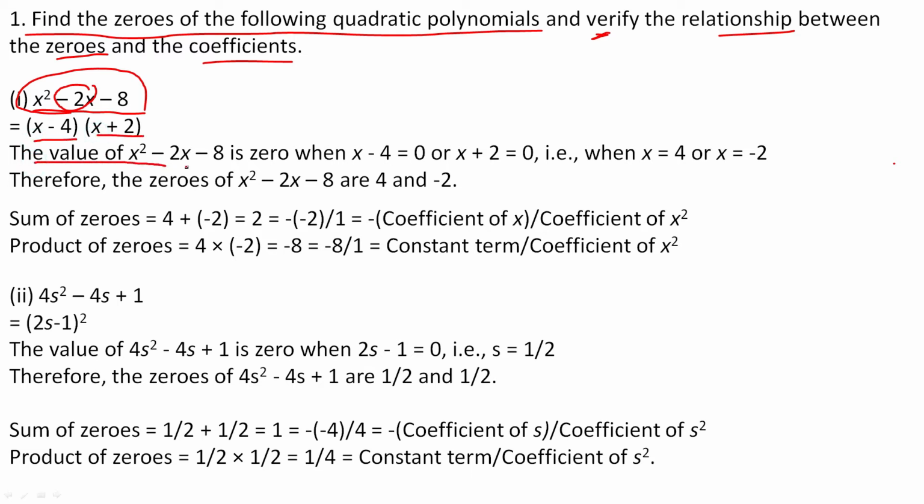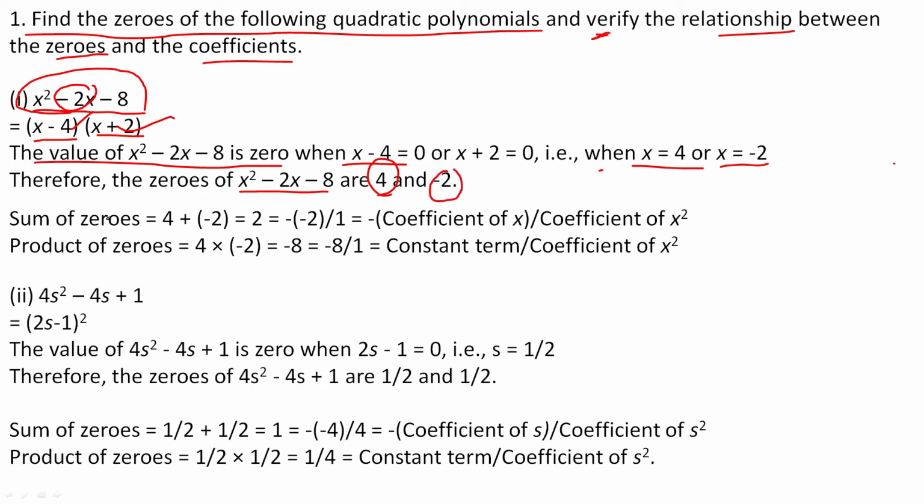The zeros in this equation are when x minus 4 is equal to 0 or x plus 2 is equal to 0, then x is equal to 4 and x is equal to minus 2. Therefore the zeros of the given quadratic polynomial x square minus 2x minus 8 are 4 and minus 2.